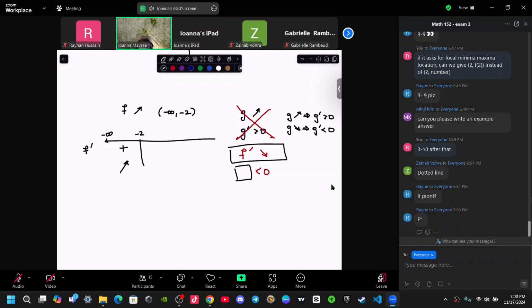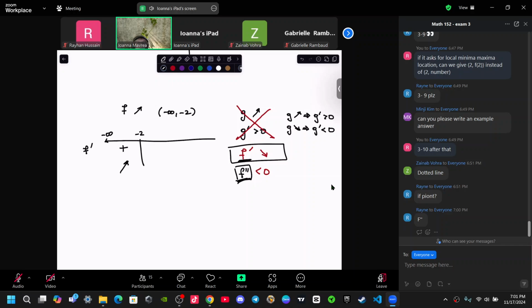The sign of what is negative? F double prime, right? If something is decreasing, its derivative is negative. If something is increasing, its derivative is positive. So if this is decreasing, its derivative is negative.